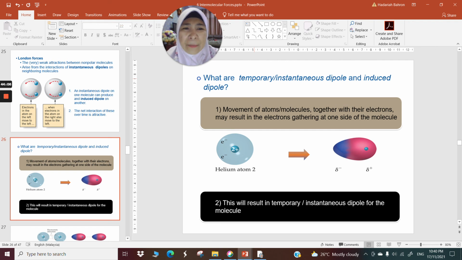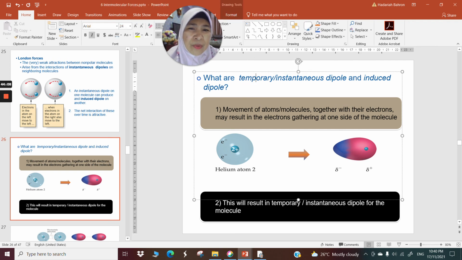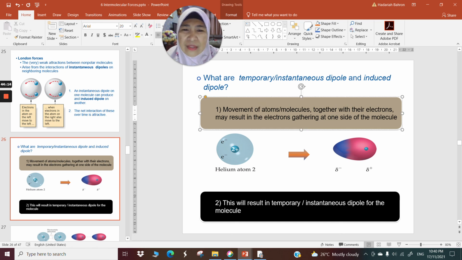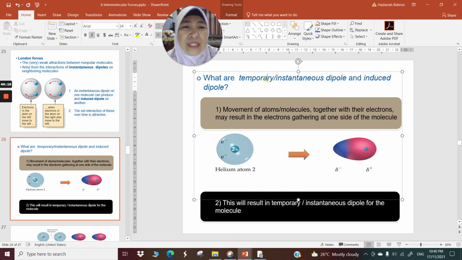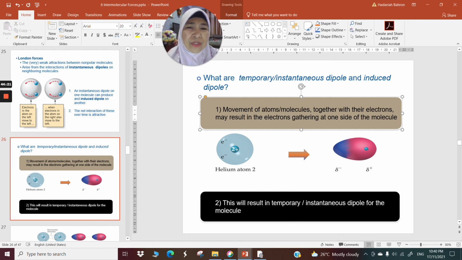So what are temporary or instantaneous dipole and what are induced dipole? The temporary or instantaneous dipole is because of the movement of atoms together with their electrons, resulting in electrons gathering on one side of the molecule.